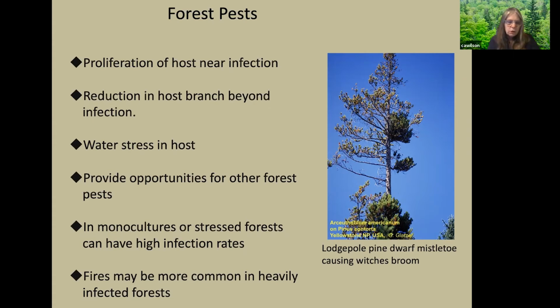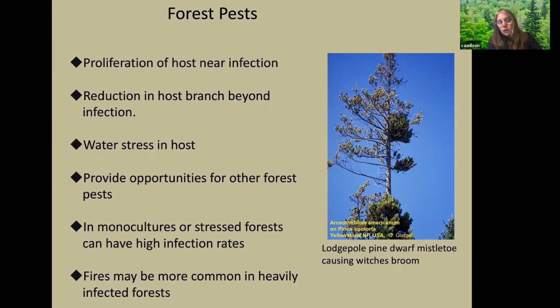As I showed you before, a lot of these mistletoes have a preferred host tree. Some of that preference is quite strong, and others less so. But if you have a monoculture and you have the mistletoe that prefers that host tree, then you can have quite heavy infections because they can spread rapidly through that monoculture.